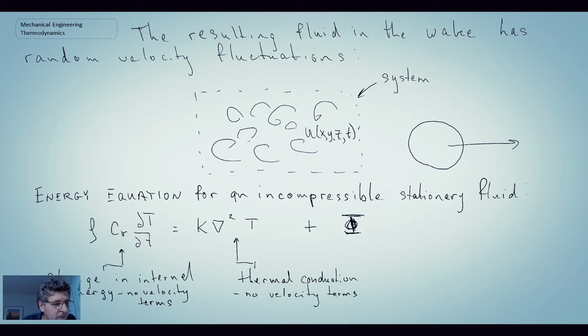The only place where velocity will come in is this last term that we have here, and that is referred to as being viscous dissipation. And it is a generation term. So that means that velocity, shear within the velocity, is generating thermal energy.